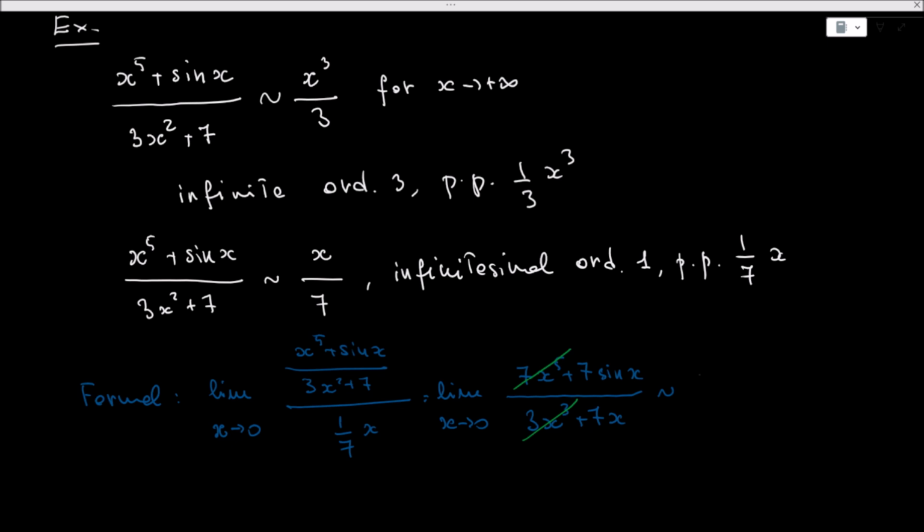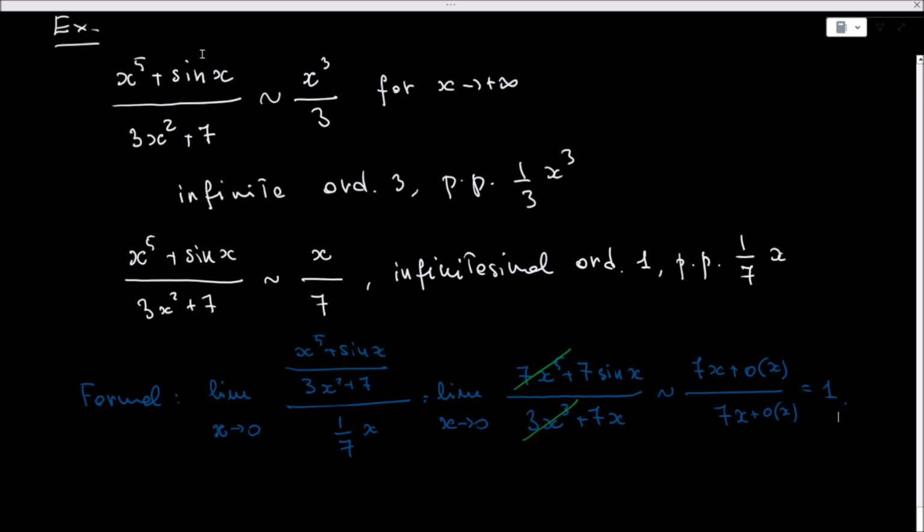We can say that this is simply 7x plus little o of x divided by 7x plus little o of x. So this is clearly 1, which proves that indeed 1 over 7x is the principal part of this infinitesimal.